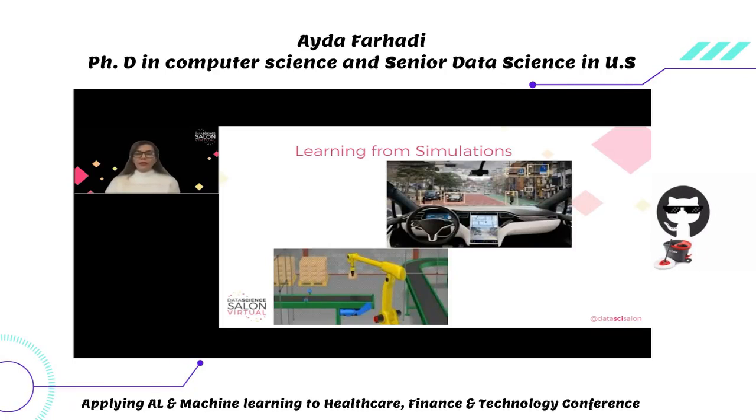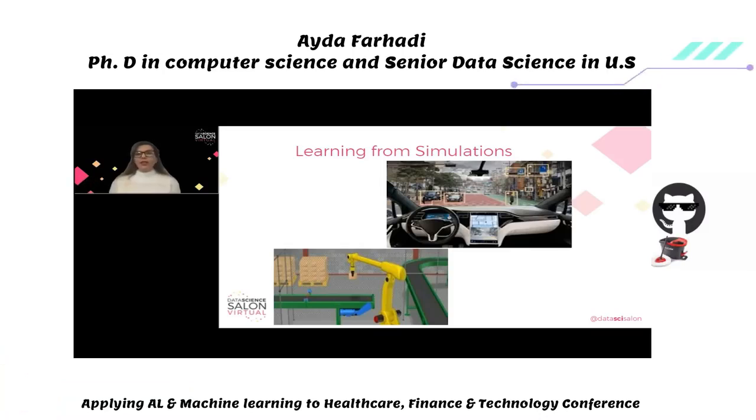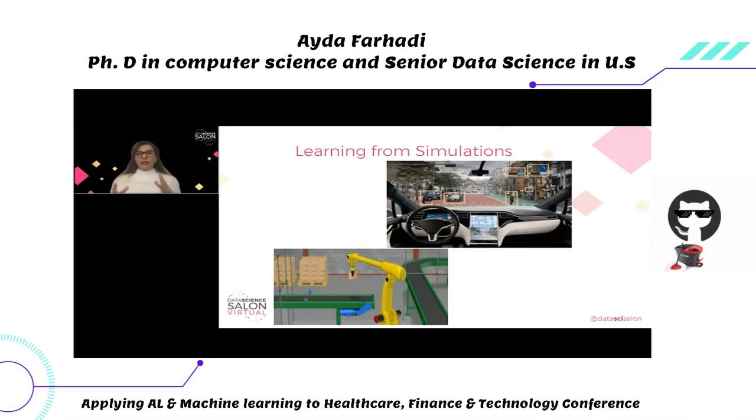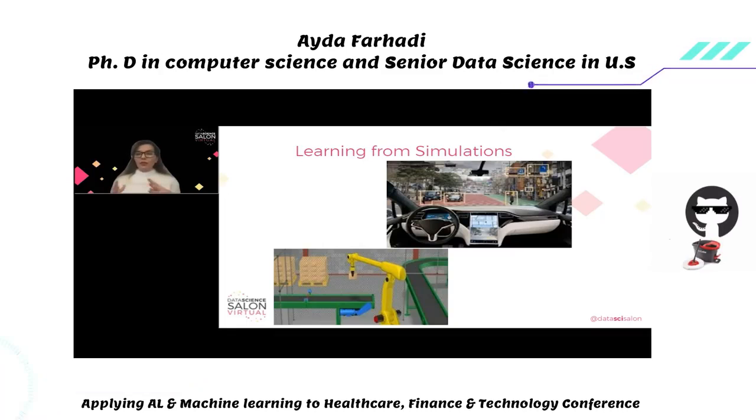Talking about learning from simulation, doing a self-driving car in a real-world scenario is most costly, and applying it in simulation and then transferring the knowledge would save more cost.